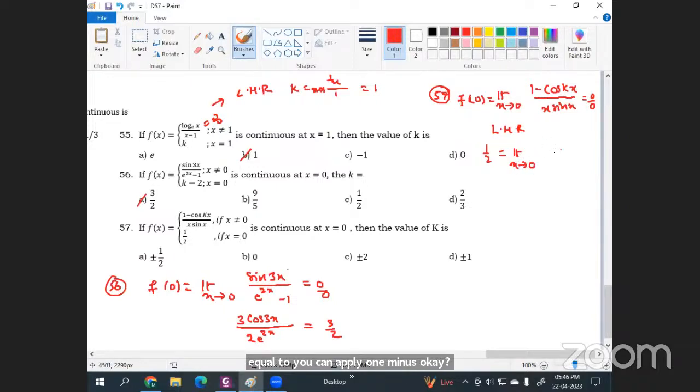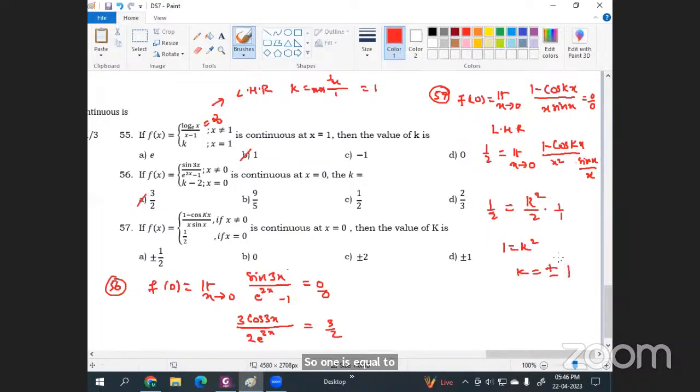I'll go for the standard limit, or you can apply as you wish. 1 minus cos kx by x square into x by sin x is 1. So 1 by 2 equal to k square by 2 into 1 by 1. So 2 will get cancelled. So 1 equal to k square, k equal to what? Plus or minus 1. So D is the right option.